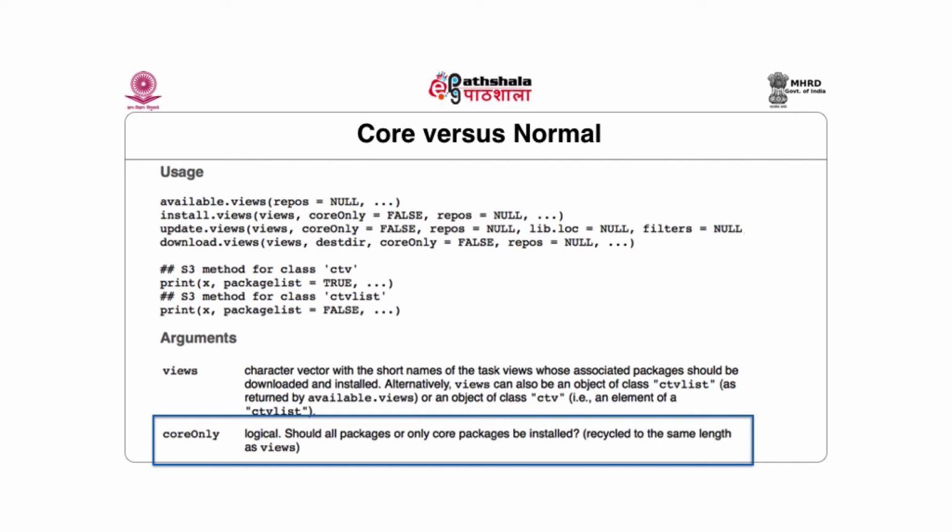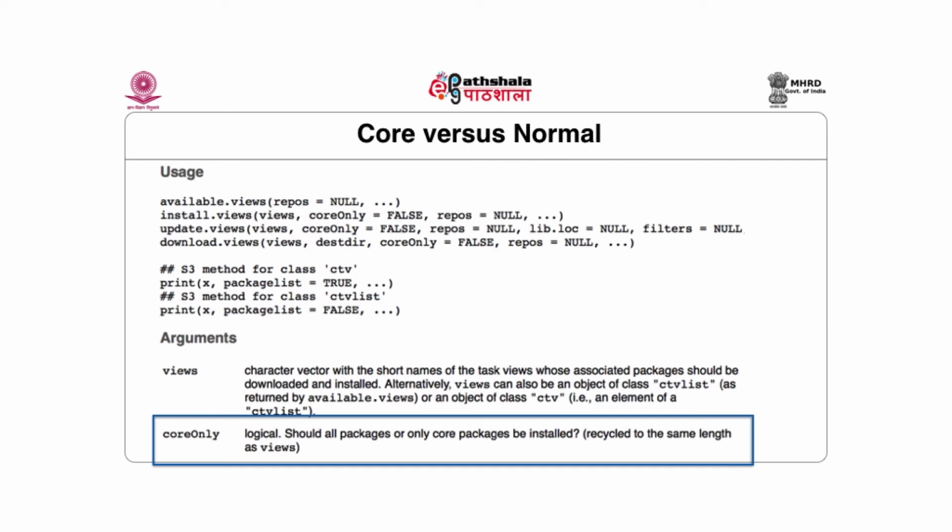And then note here, there is something known as core only equals false. The core only argument is a binary argument. It's a Boolean argument, which means that core only can be either true or false. Why is this important? Because if you put core only equals false, then you will be pulling in everything in the task view.